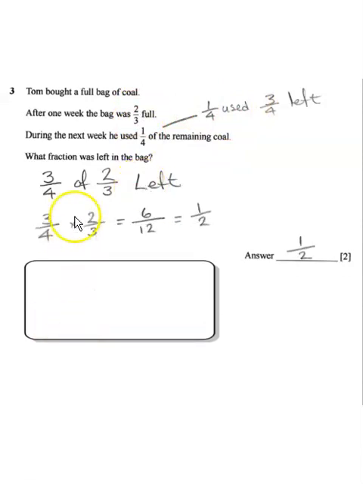This 'of' just means times. So 3/4 times 2/3, if we do 3 times 2 is 6, 4 times 3 is 12, and then we are able to cancel that down by dividing by 6 top and bottom, you would have a half. So the answer is a half. So what the question says, what fraction was left in the bag? It is a half.